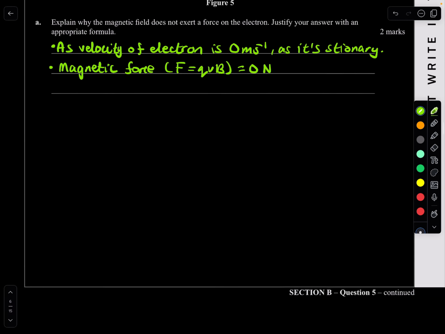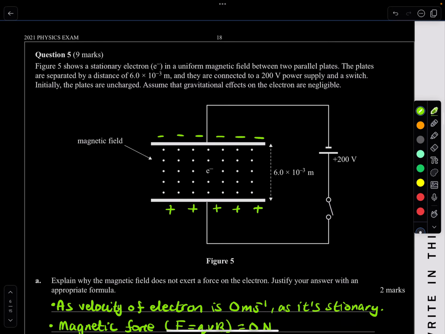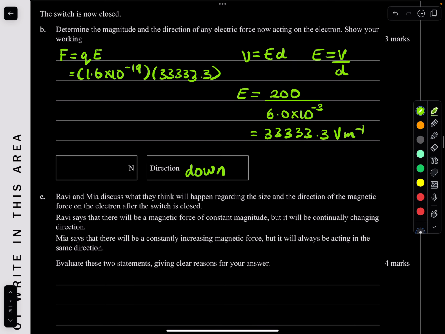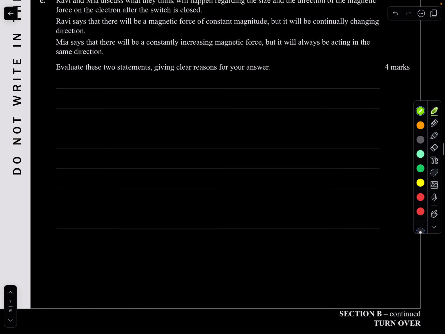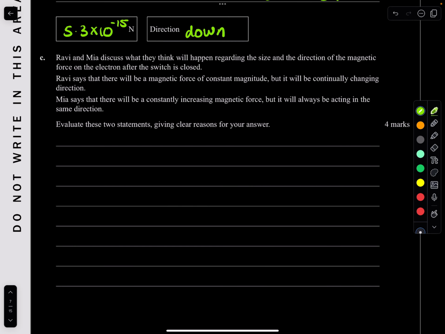How many significant figures do you want? Approximately 2, so pretty much 5.3 times 10 to the power of negative 15 newtons. Beautiful.